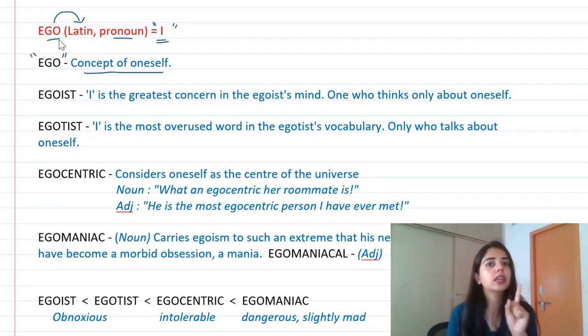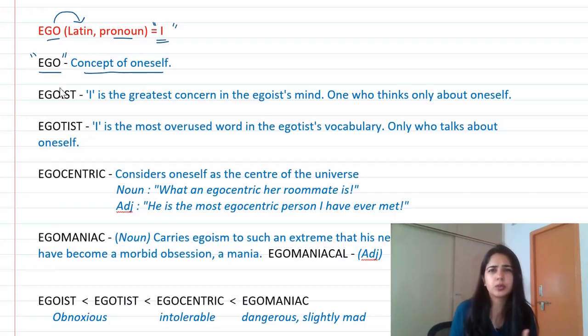Ego, which was the pronoun I in Latin, but in English it is a concept of oneself, the idea of oneself, who you are, what you like, what you dislike, the whole idea of who you essentially are. Now sometimes we misunderstand it with the term attitude, that he has a lot of attitude, he throws a lot of tantrums, he has a lot of ego.